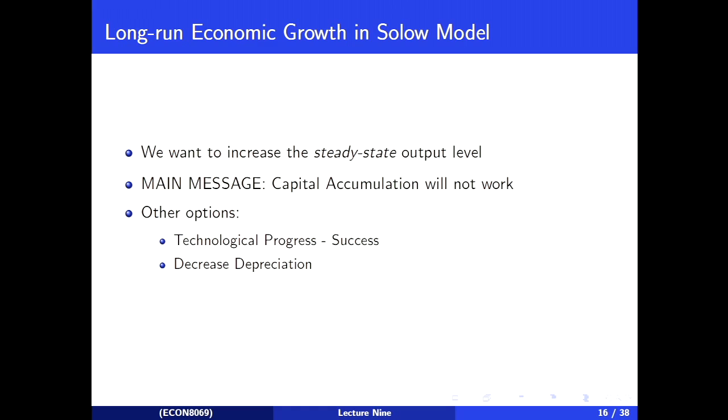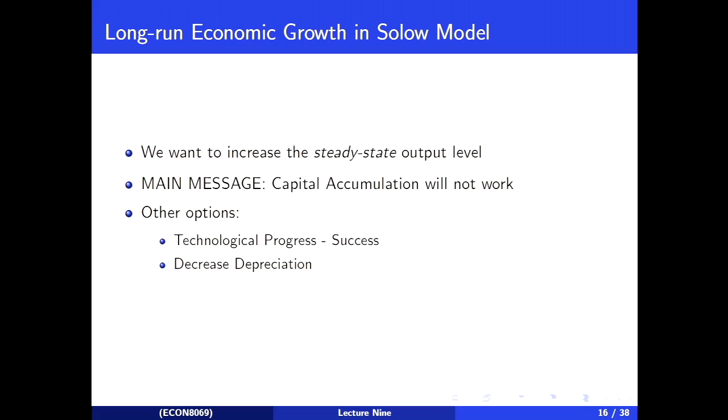Savings. We could think about decreasing depreciation, right? If we were to be able to go from a high depreciation rate to a low depreciation rate, that's good, that's great, right? We do definitely get the results that we want.